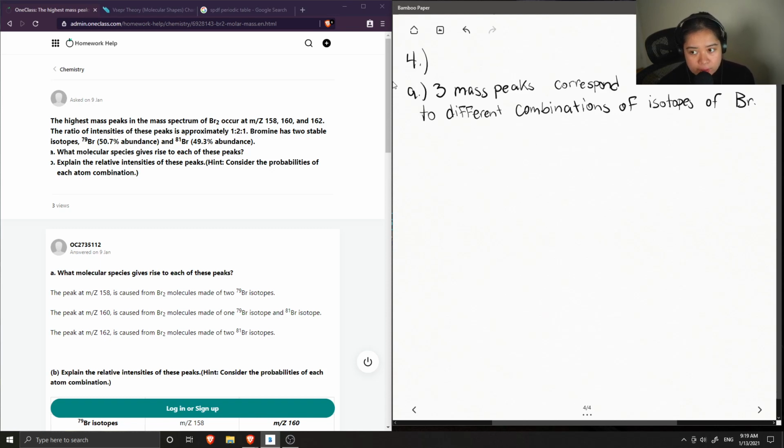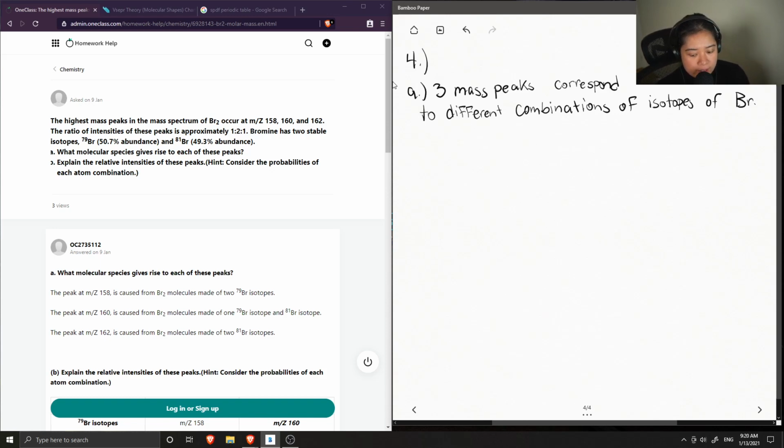So when we have an isotope, this is when our atom has the same number of protons, but a different number of neutrons. So in the case of bromine, when we have bromine 79, the mass of it would be around 79, and the mass of bromine 81 is around 81.